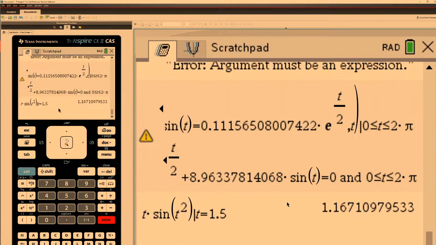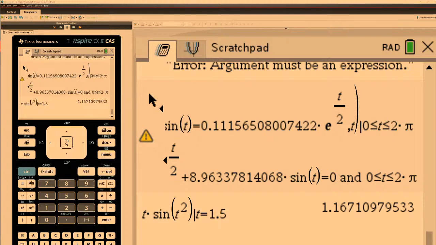Okay, we get 1.1671. And what I want to see is greater than 0. So then we would say the particle is moving up at t equals 1.5 because v of 1.5 is greater than 0.